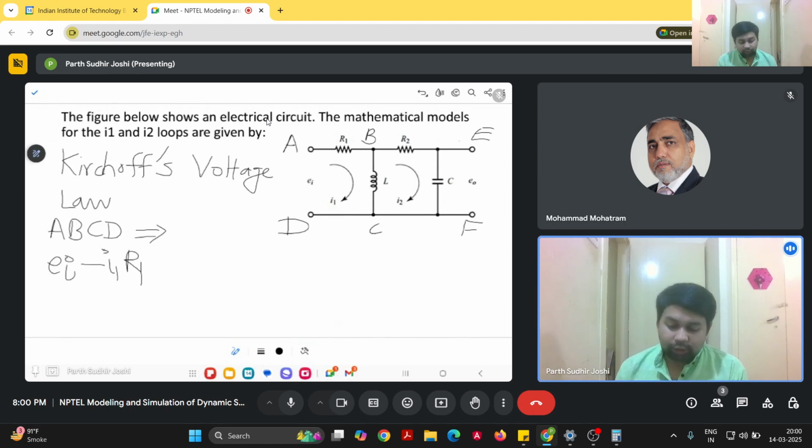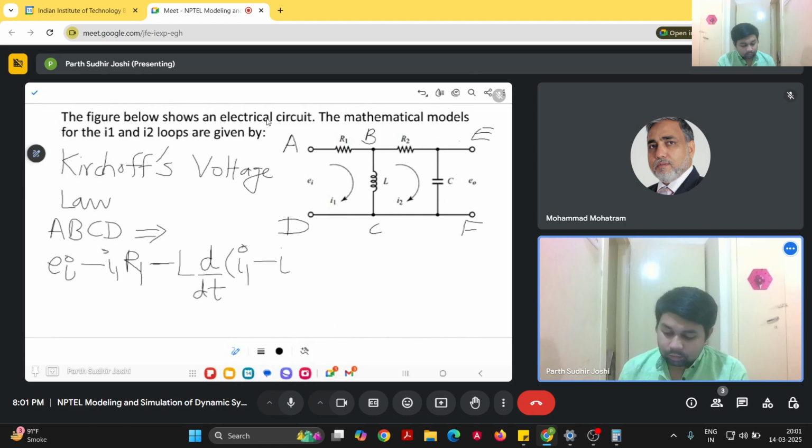The current I1 flows from B to C, whereas the current I2 for the other loop is flowing from C to B. Therefore the net current through inductor L will be I1 minus I2. So the potential drop across the inductor from B to C will be L times d by dt of I1 minus I2.